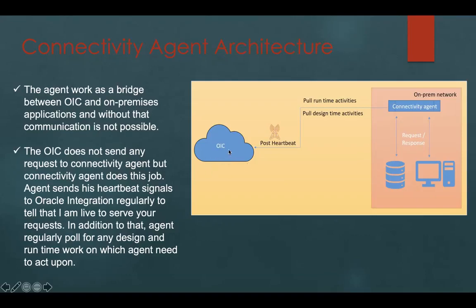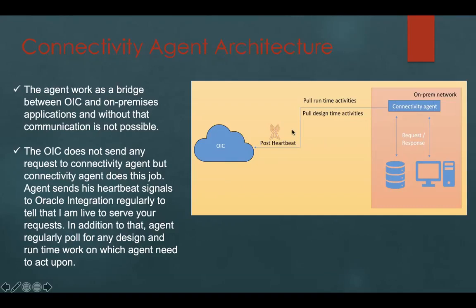And if you try to test the connection, as soon as you test the connection, it doesn't mean that OIC is sending a request to the connectivity agent. The connectivity agent keeps polling the OIC, and it will be millisecond polling. The connectivity agent will take that request and will try to establish communication with the database, and then you will see the connection has been tested successfully.